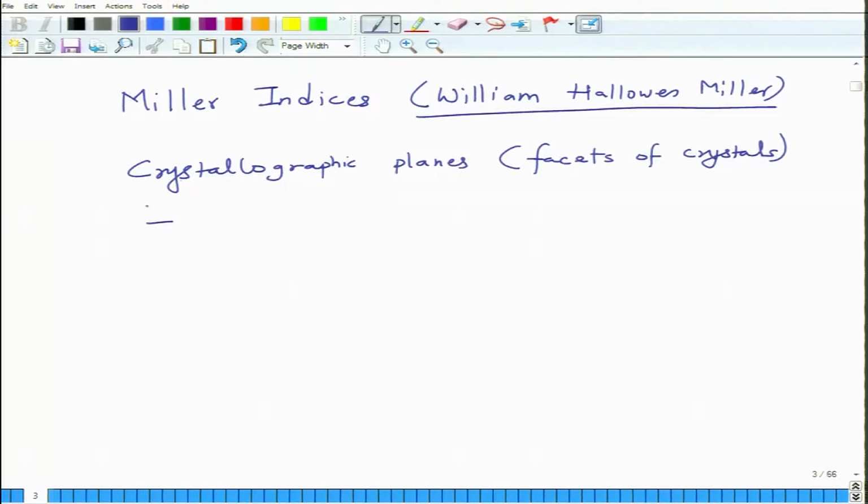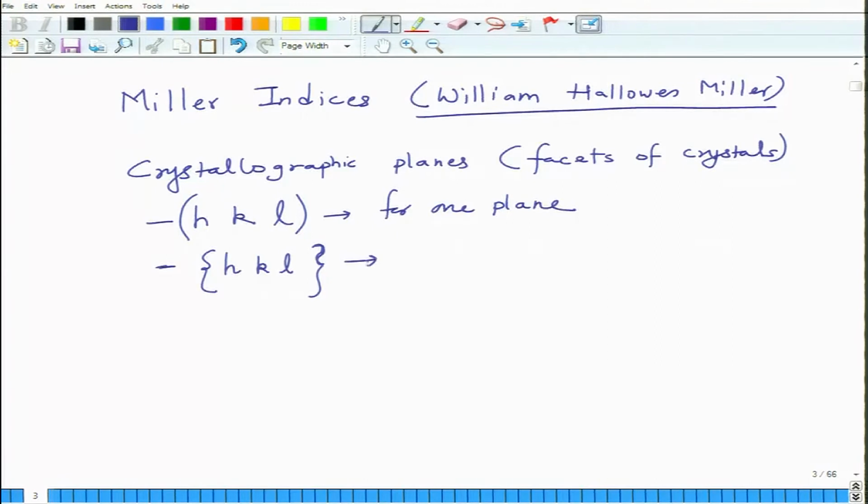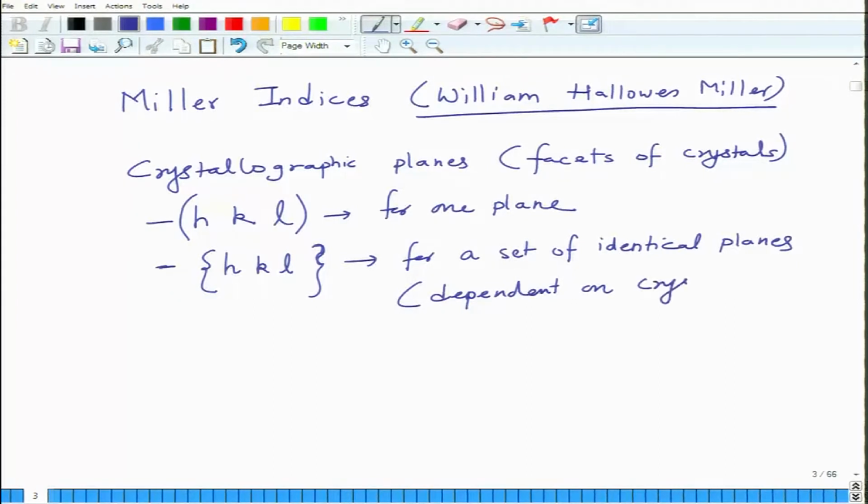They are defined as H, K, L for one plane in the single bracket, and if you have these brackets, they are not applicable to every crystal system, but it could be for a set of identical planes dependent upon the crystal structure, okay, whether it is cubic or whether it is tetragonal.